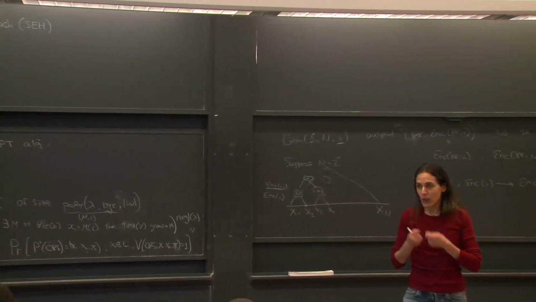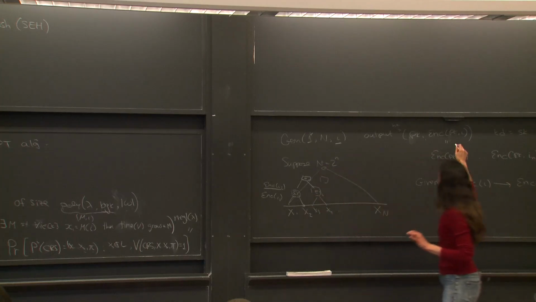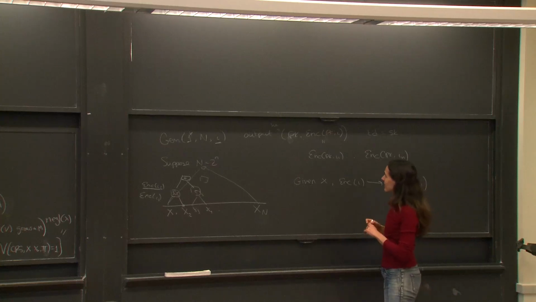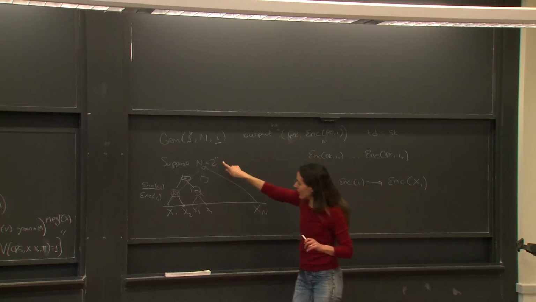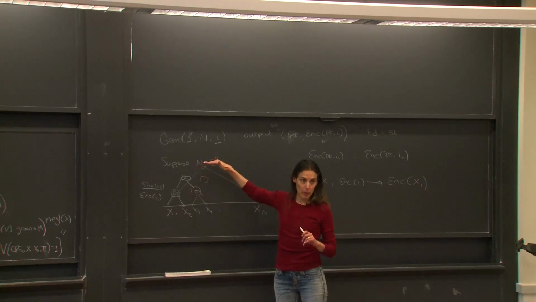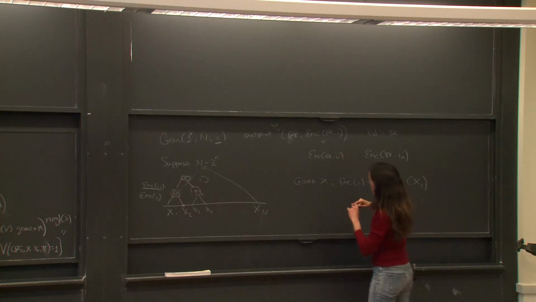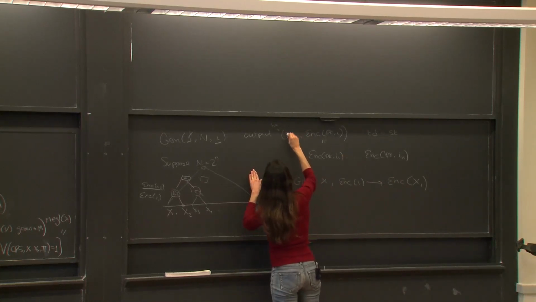And the way we get this is by making this a little more cumbersome. We actually don't use one public key. We use n public keys. For each layer, we use a different public key. So we have public key j, for j going from 1 to n.